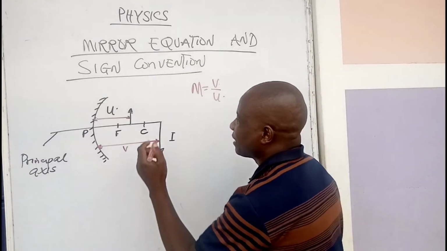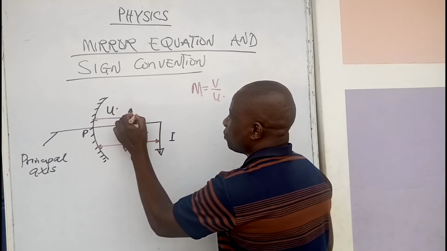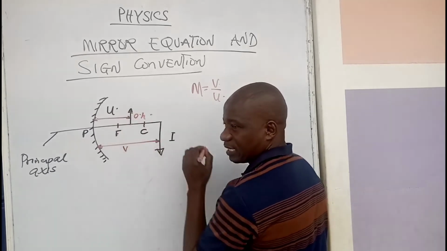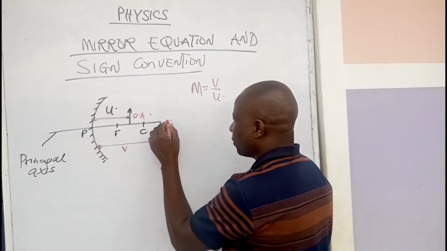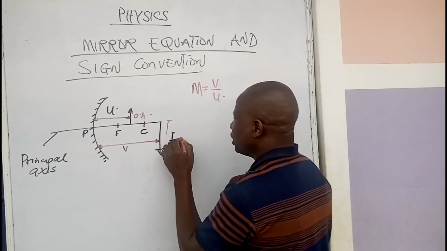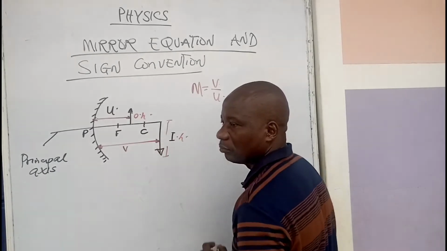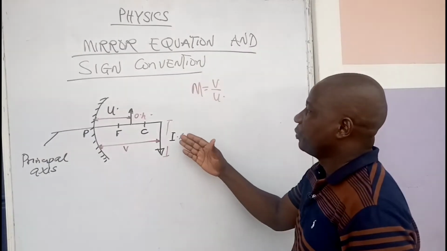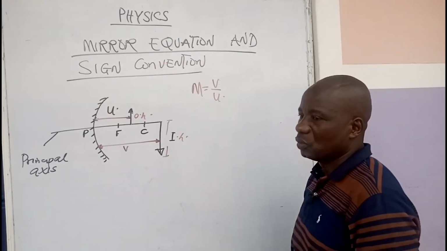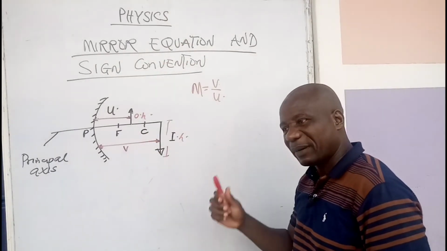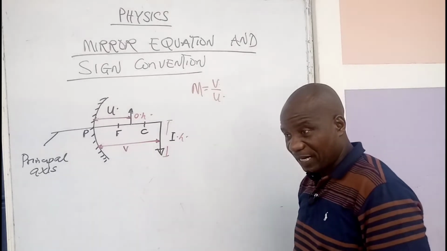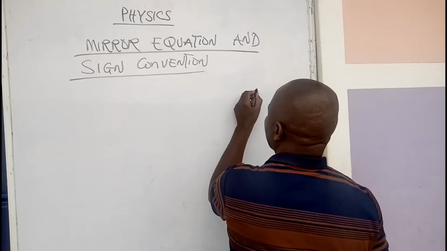At times they can say the height. This one is going to be object height, and from here to here is going to be our image height. If I compute image height to that of an object height, I will still have my magnification. I believe that is understood. Good.